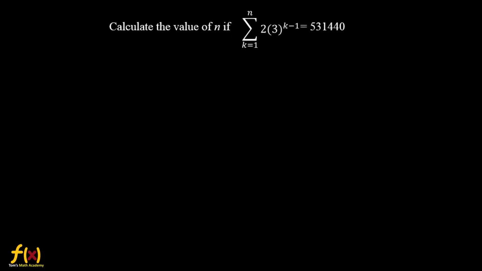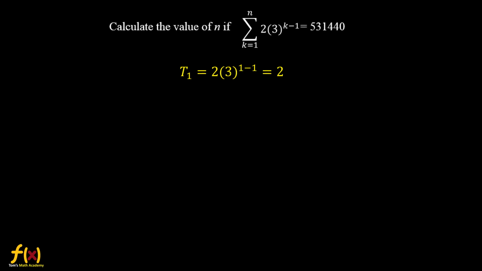Indirect question here. Calculate the value of n if sigma k equal to 1 to n of 2 times 3 to the power k minus 1 equals 531,440. So the sum of the series is given here. We have to solve for the number of terms n.